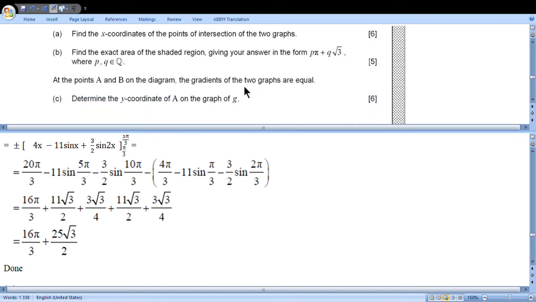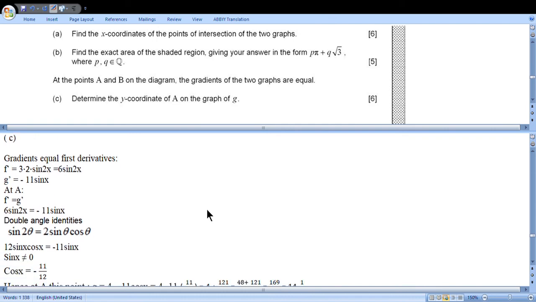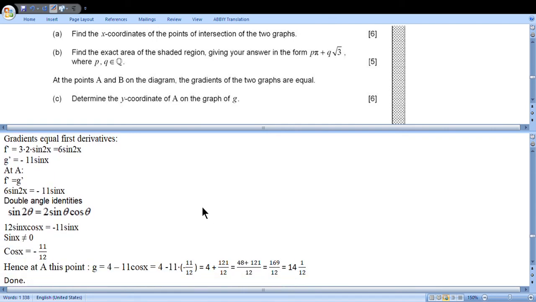At the points A and B on the diagram, the gradients of the two graphs are equal. Determine the y-coordinate of A on the graph of g. So this is part C. Equal gradients means equal first derivatives. We find the first derivative. They are equal. From the double angle identity we get this expression. Sine of double angle we change into 2 sine cosine.